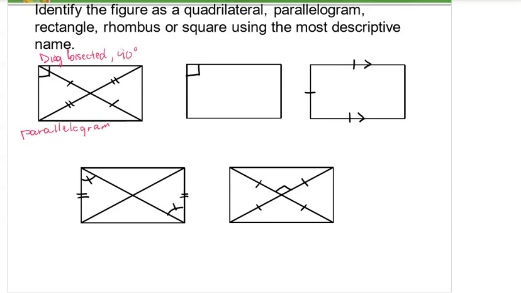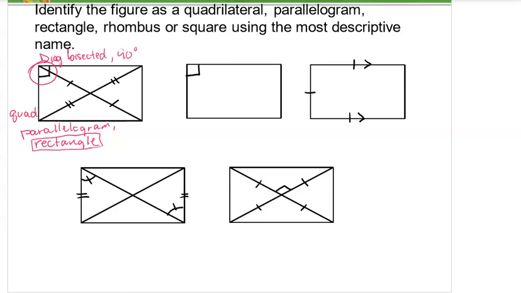But then, this little piece of information takes us one step further. So this one is a parallelogram, but it's also a rectangle. And it's a quadrilateral. The most specific one is rectangle, but we list all 3 because it really is all 3.